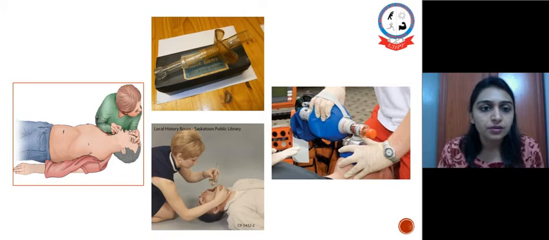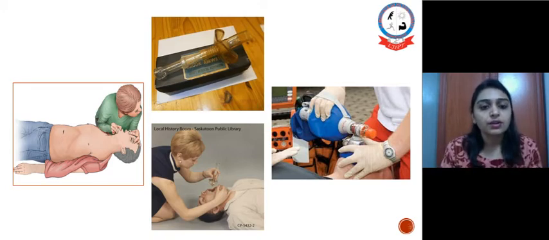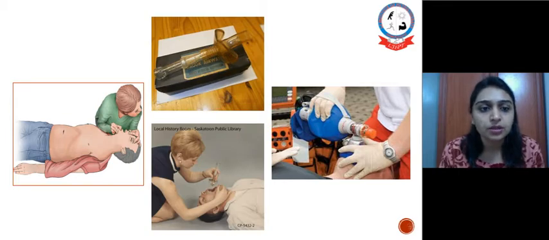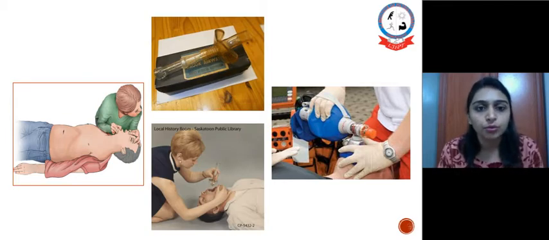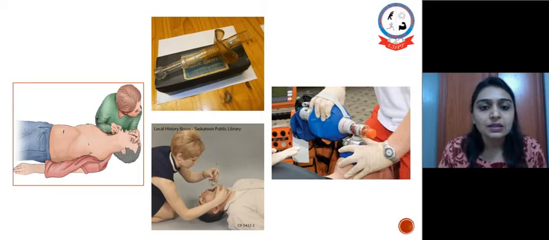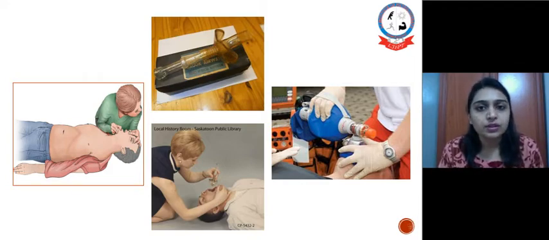The uppermost figure shows what a Brook airway looks like, and we have to insert it in the mouth by keeping the patient's airway patent, and we can blow air into the Brook airway. And the last figure is of the Ambu bag, where a mask is applied to the patient, keeping the airway patent, and squeezing the Ambu bag gives artificial ventilation.